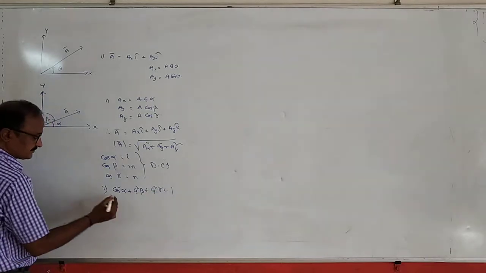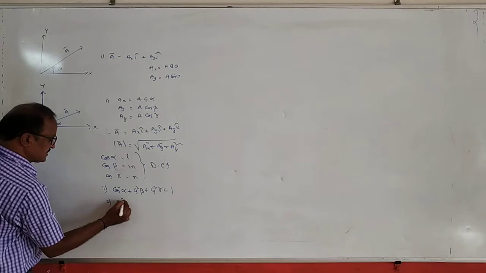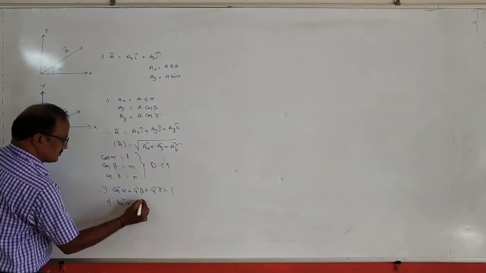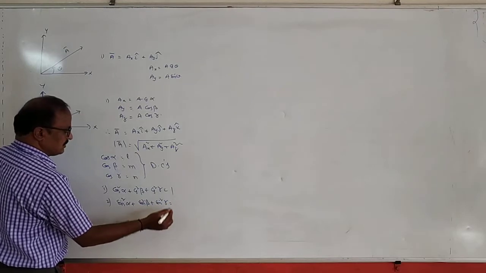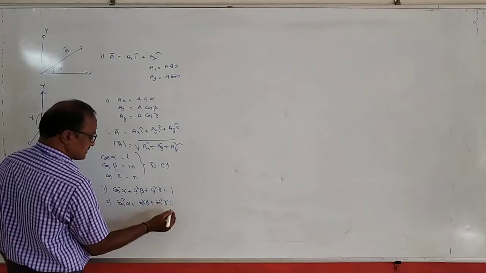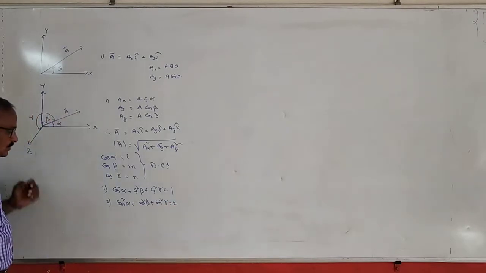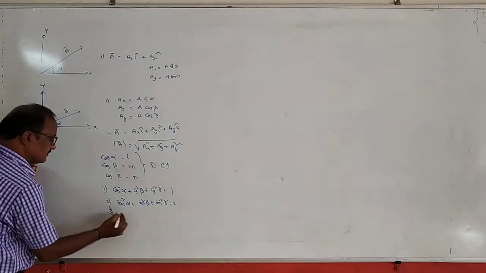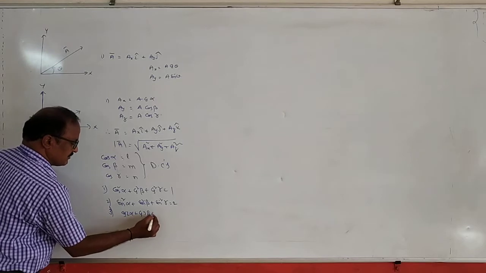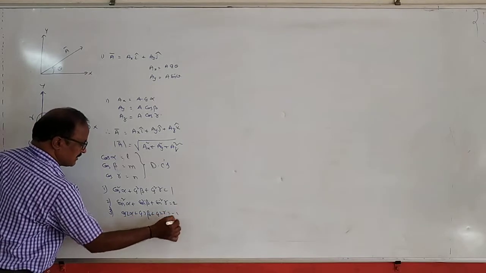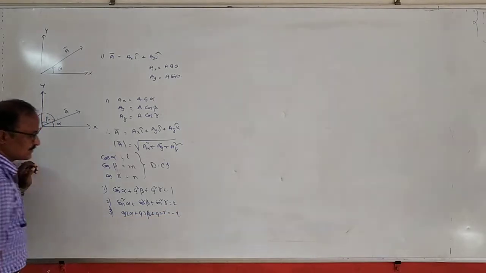Second one, sin square alpha plus sin square beta plus sin square gamma is equal to 2. And third one, cos 2 alpha plus cos 2 beta plus cos 2 gamma is equal to minus 1.